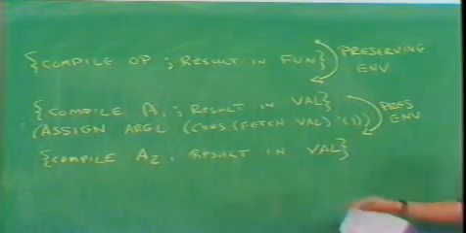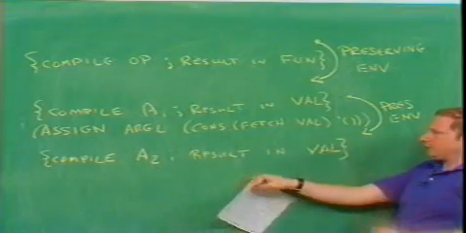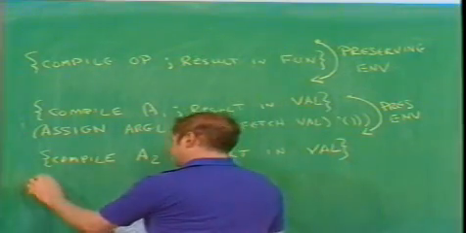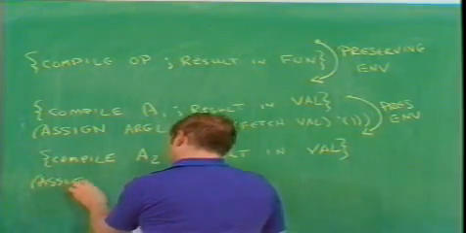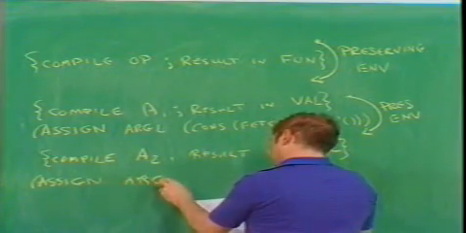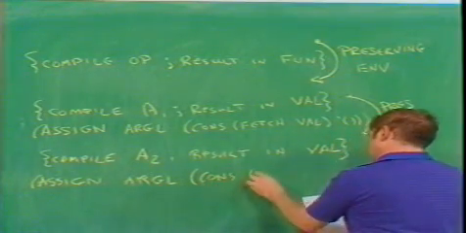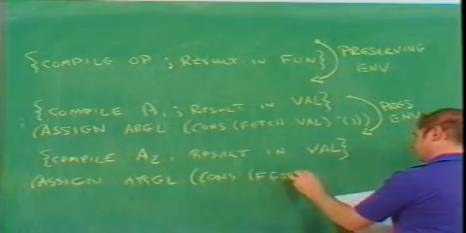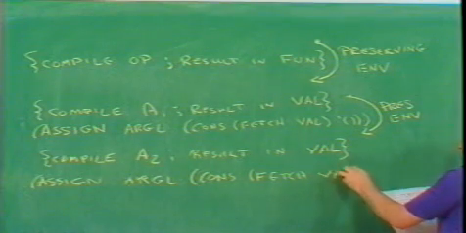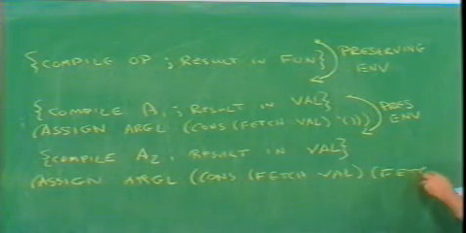And then it'll generate the literal instruction building up the argument list. So it'll say assign to argl cons of the new value it just got onto the old argument list.